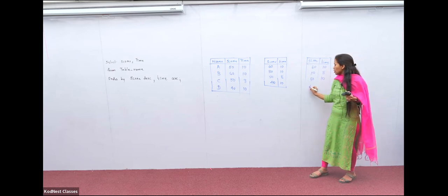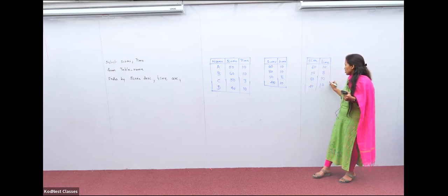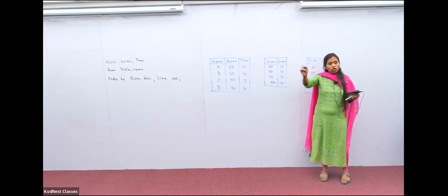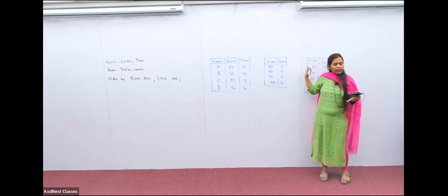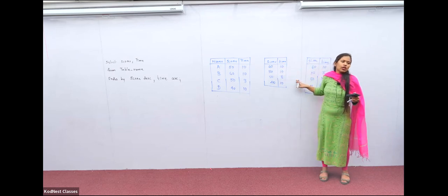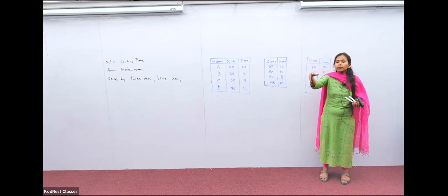And then, as usual, 40 and 10. Like this, the sorting will happen. Ma'am, can we sort on another column? Yes. Then, if the two values are the same, the next column's sorting will happen. So like this, the order by clause will work on multiple columns.